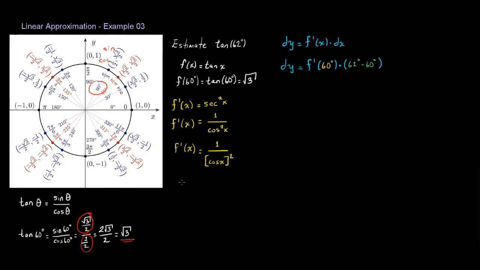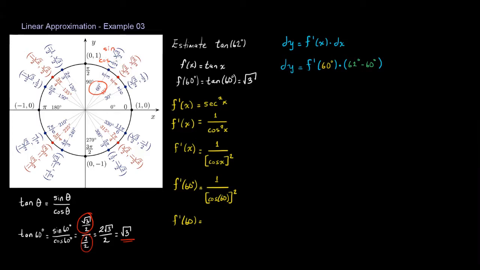Let's get the f prime of 60 degrees. So f prime of 60 degrees would be equal to 1 over cosine of 60 degrees squared. Now what is the cosine of 60 degrees? We actually have it over here on the unit circle. Cosine of 60 degrees is equal to 1/2.